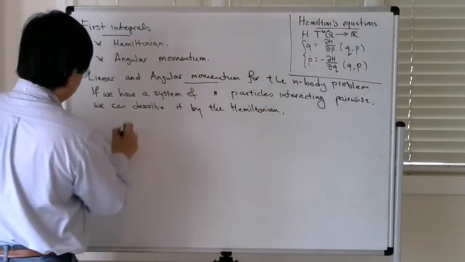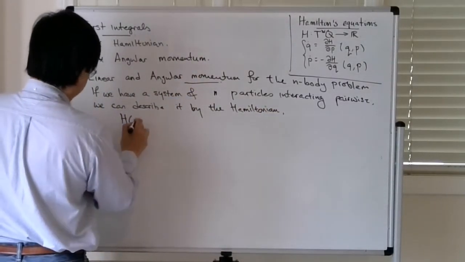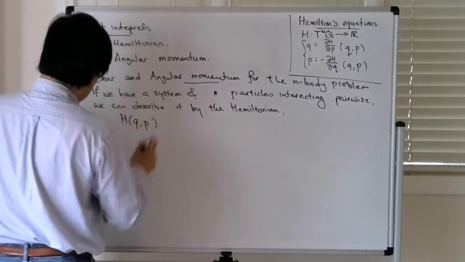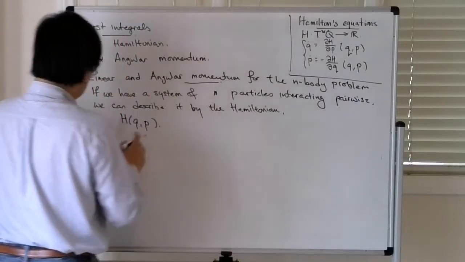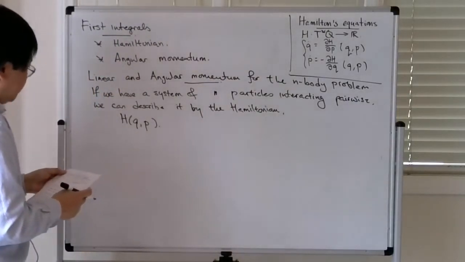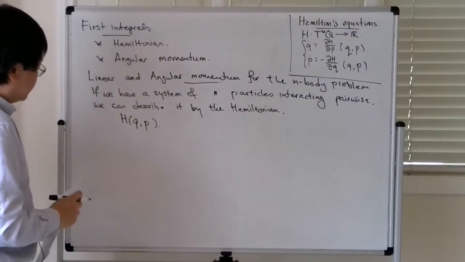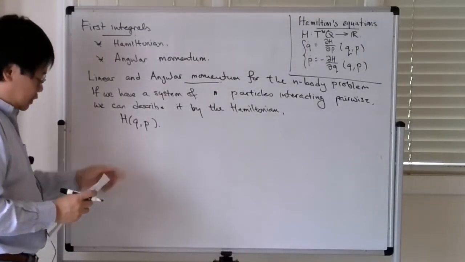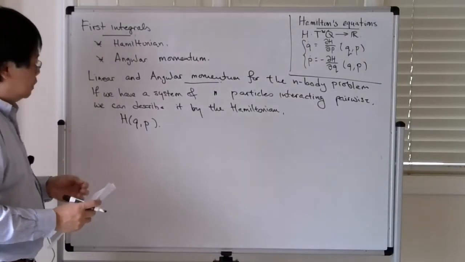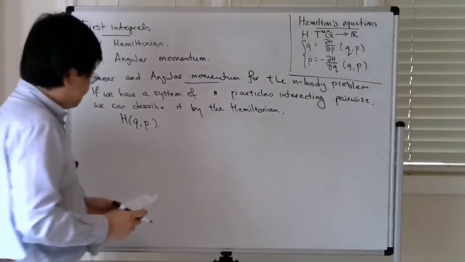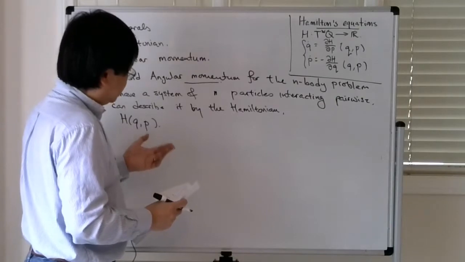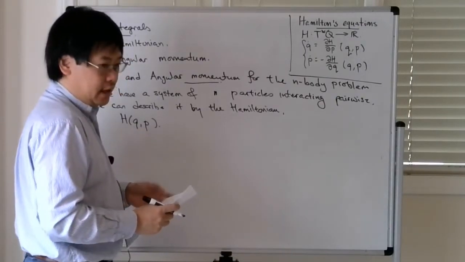Let's write down the Hamiltonian, which depends on Q and P here. Now I'm changing the notation. You should think of the Qi as corresponding to the position vector of the ith particle.